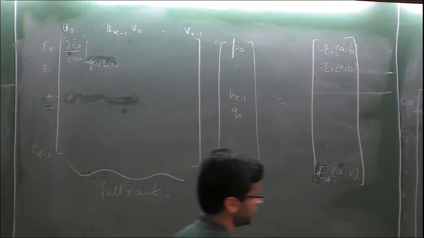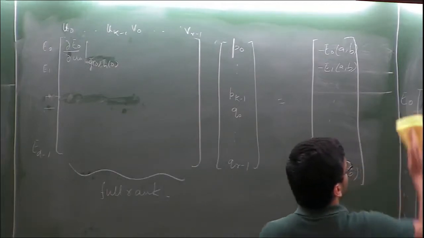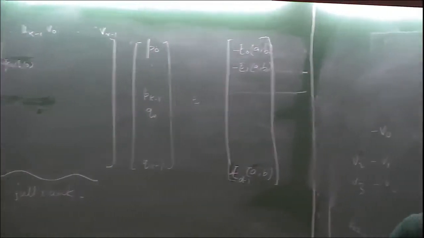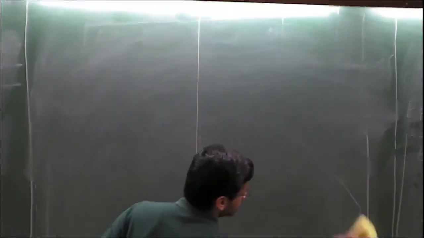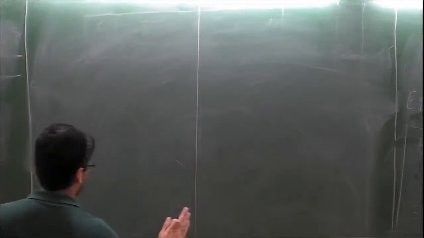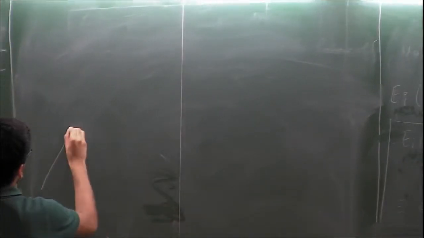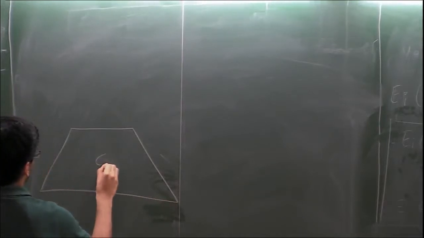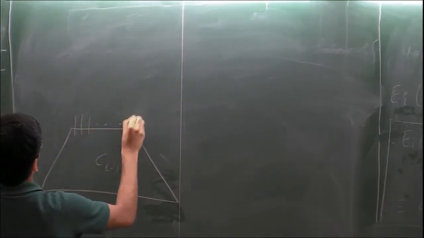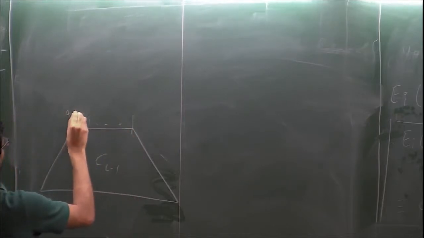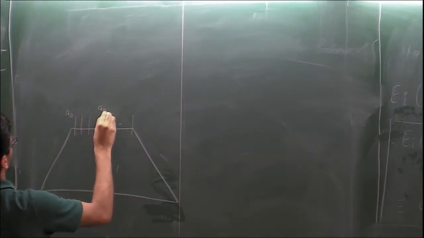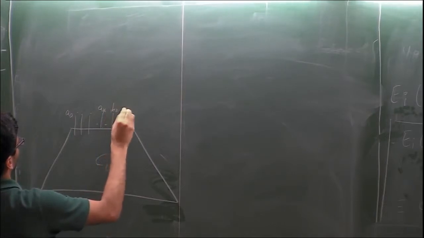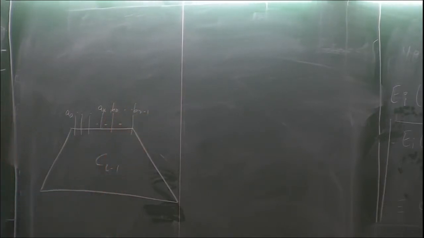So let me draw a picture and maybe it will be clear. Our hypothesis for the lemma said that we have a multi-output circuit, C sub L minus 1, and the outputs of it would be A0 up to A_{K-1}, B0 up to B_{R-1}.